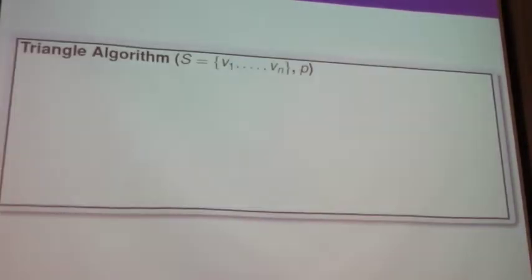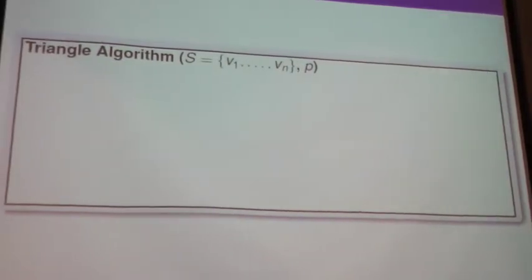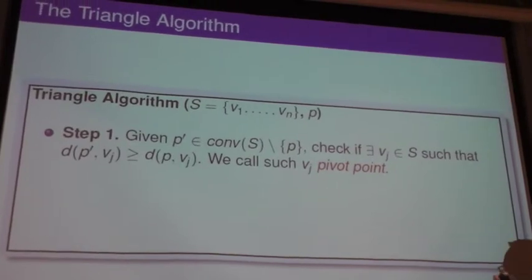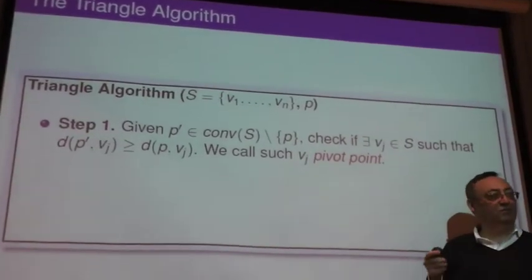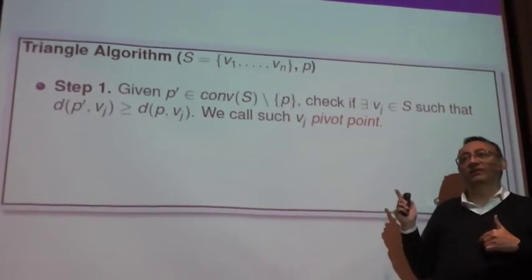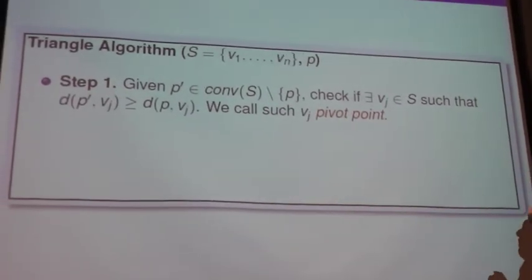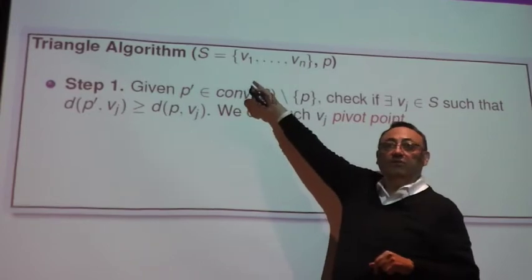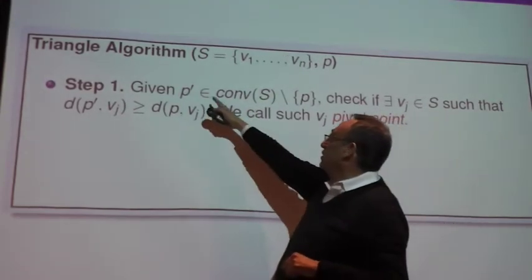So the triangle algorithm, I want to introduce you to this algorithm. If there is anything that I would like you to remember from this talk, it is this triangle algorithm, which says you start with a set of points, and you want to know if p is in the convex hull of these. So what do you do?